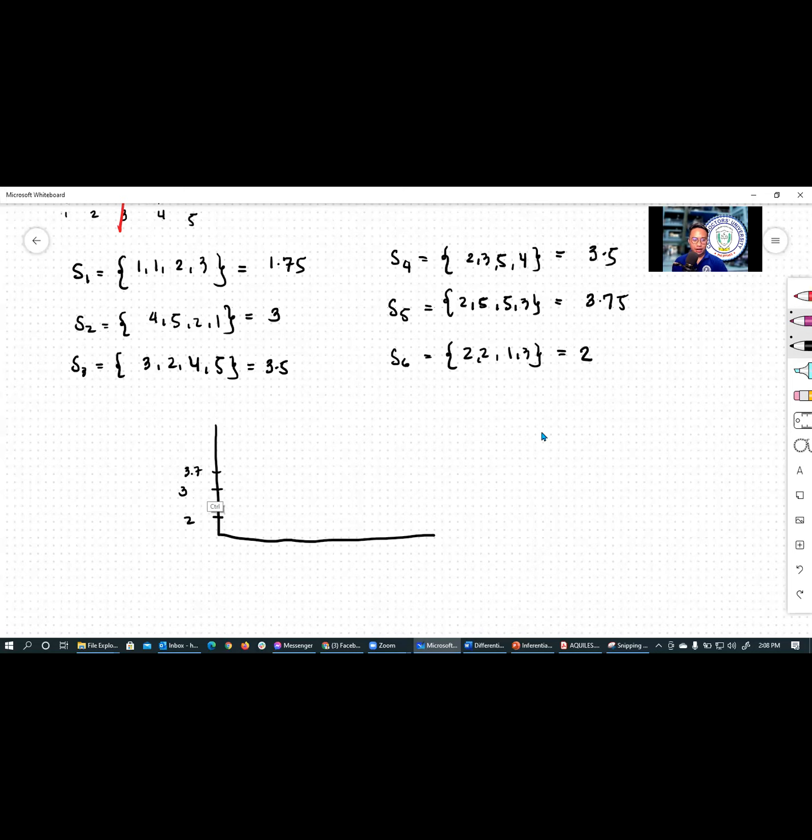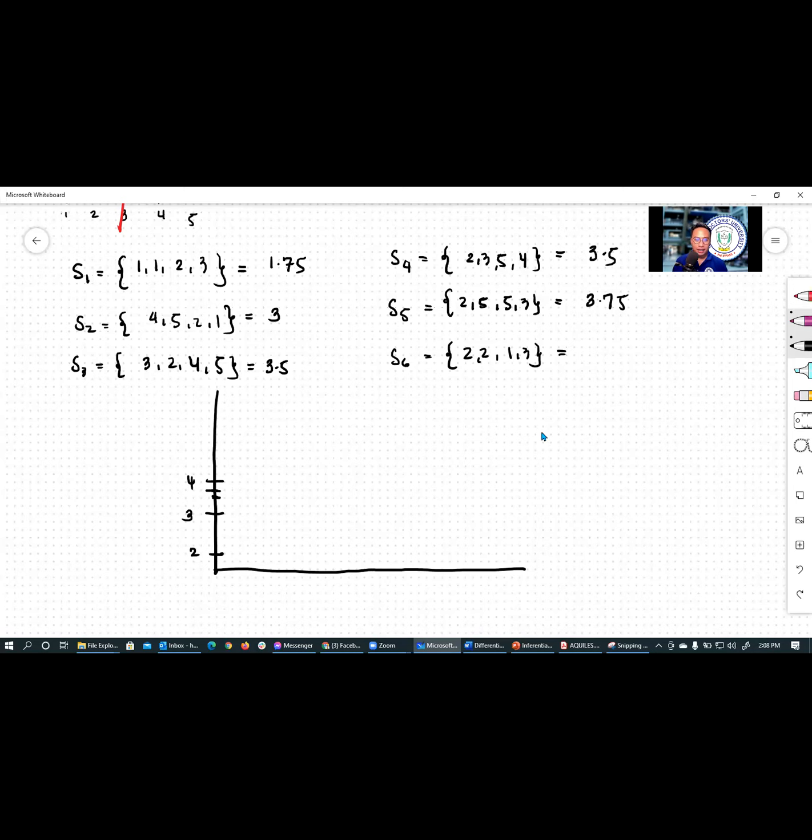Sorry, that should be 3.5. Then next is 3.75. Let me enlarge my labels. Sorry, guys. I think that's better. This is 2 here. This is 3 here. This is 4 here. So 3.5 is somewhere here and 3.75 is there.